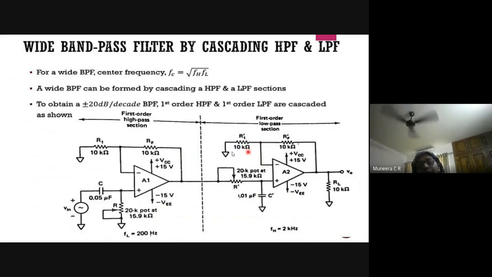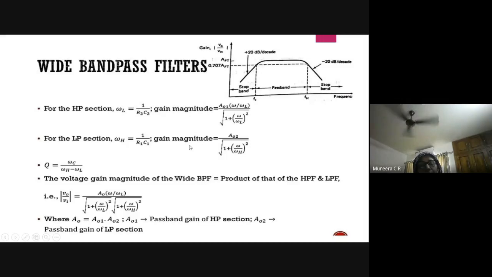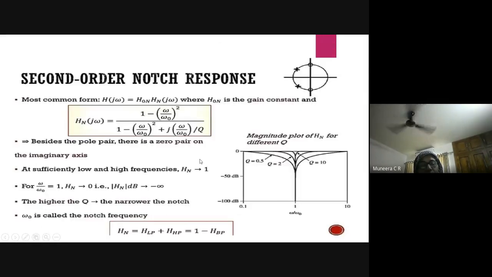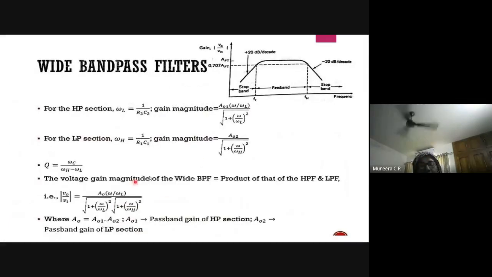Then only this will act as a band pass filter. So the total gain is A01 into A02. Here we have the expression: the passband gain is the product of the two amplifier gains.